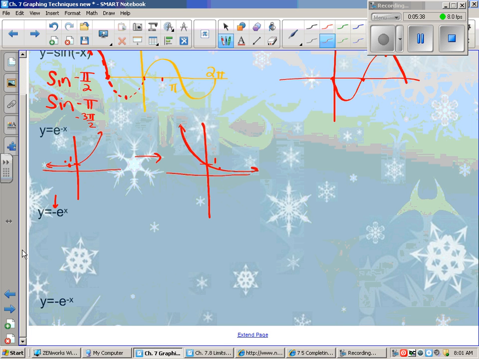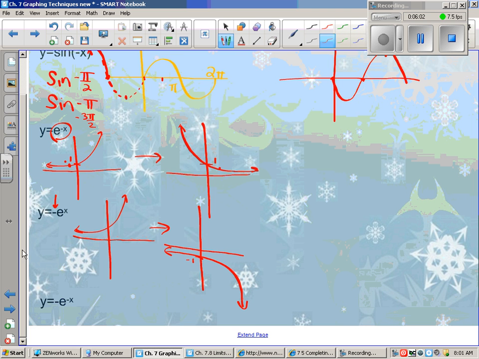And the reason I know that is because it's applying to the whole function, not simply just to that x. If we wanted it just to the x, it would have to look like the one we just did. So this is saying, I want you to flip in terms of the y. So the y's that were positive, so it originally looks like this, flip to become like this. And you'd hit at -1.